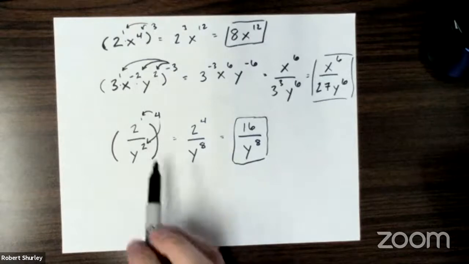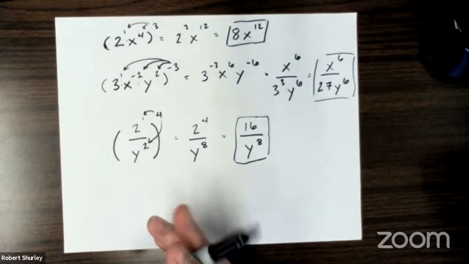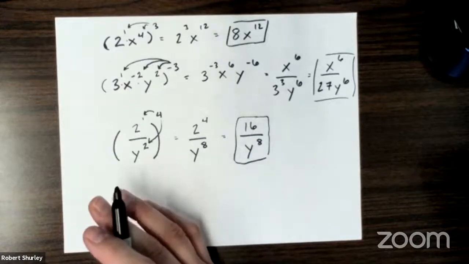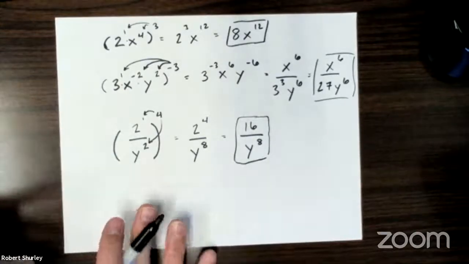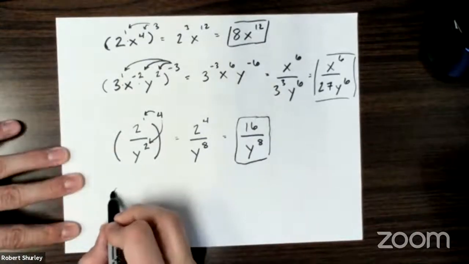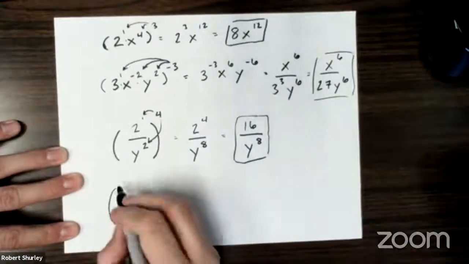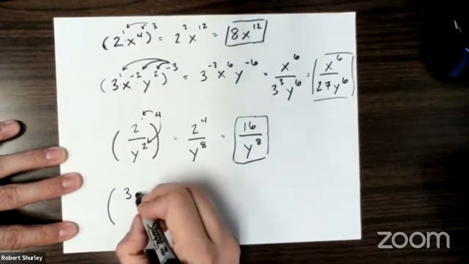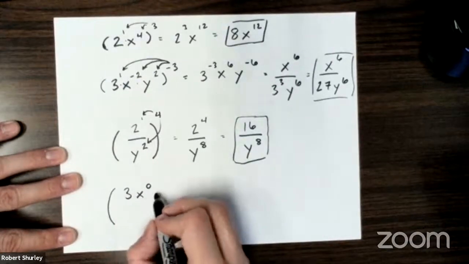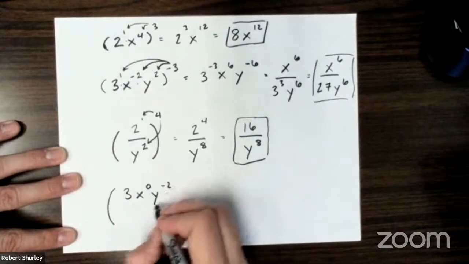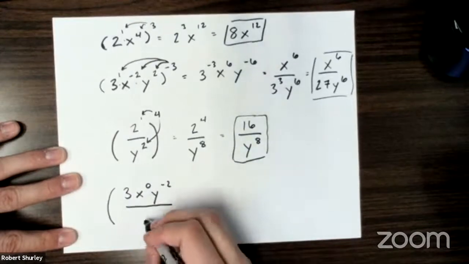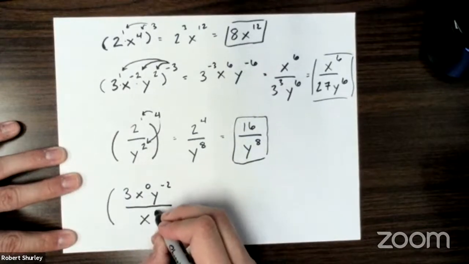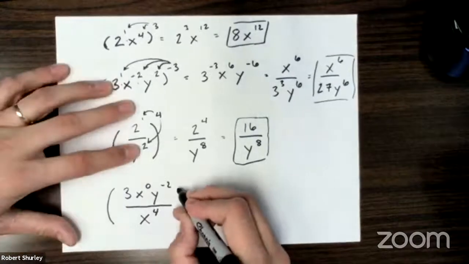Okay, let's do one here that maybe combines some negatives and exponentials. Now I want you to try this one. This is kind of a challenge one at this point. And again, there's going to be a few different ways to work it. Let's say we've got 3 x to the 0, y to the negative 2 over x to the 4th.